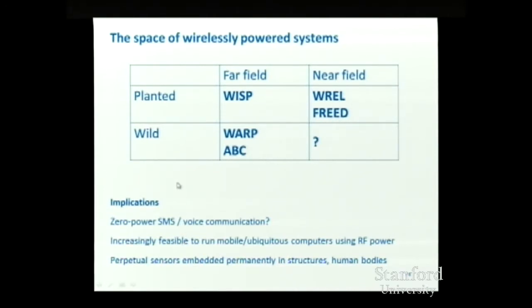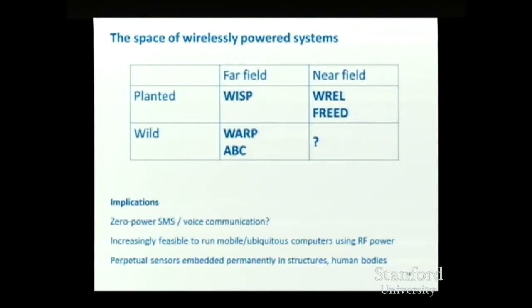So overall, when I step back and think of what the implications of all of this are, one exciting possibility is that we may be able to have zero power communication of certain types. For example, your phone may be completely dead, but it may be possible to still send an SMS using power that you've harvested from ambient RF.